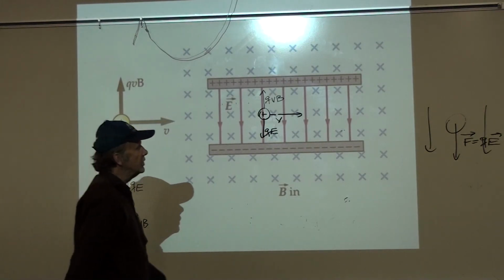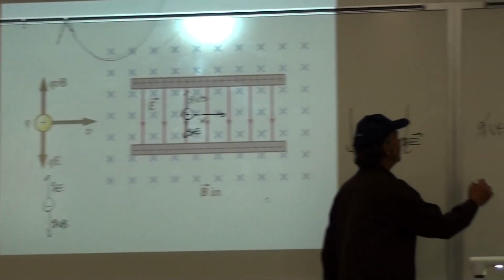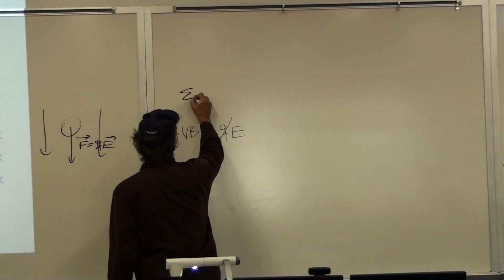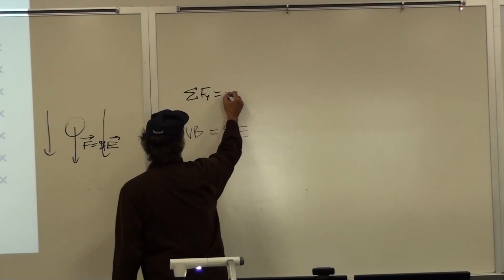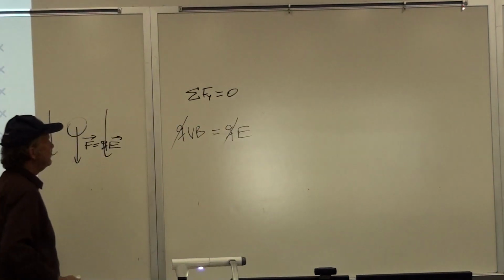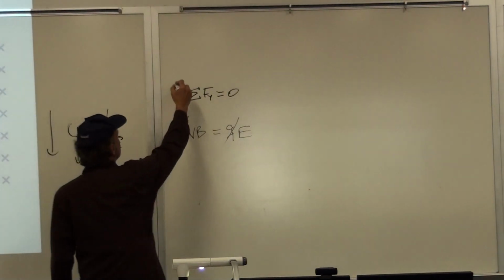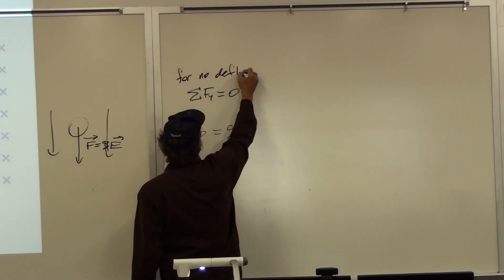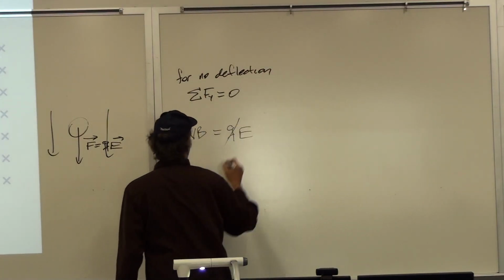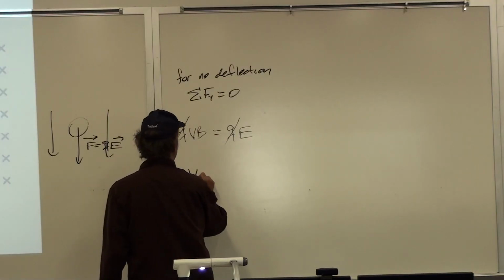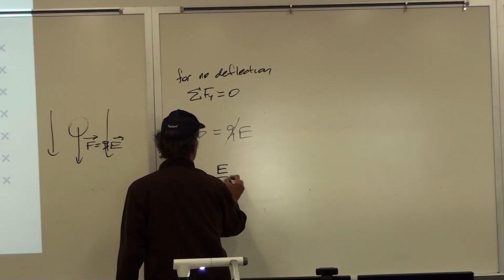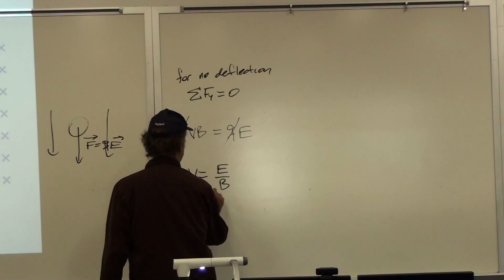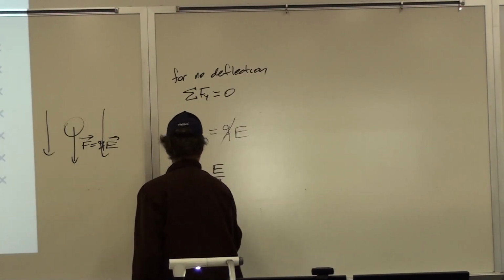And because the charge cancels out of this force expression, the sum of the vertical forces is 0, for no deflection. Then what we got is V is equal to E over B. So we've selected for this velocity.